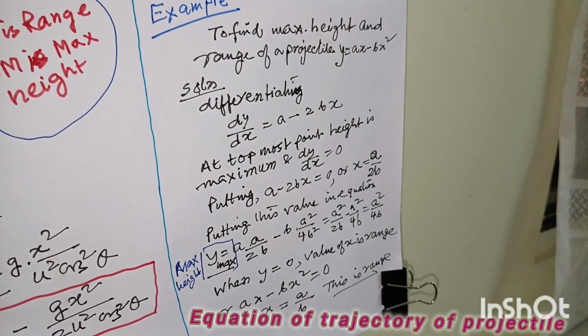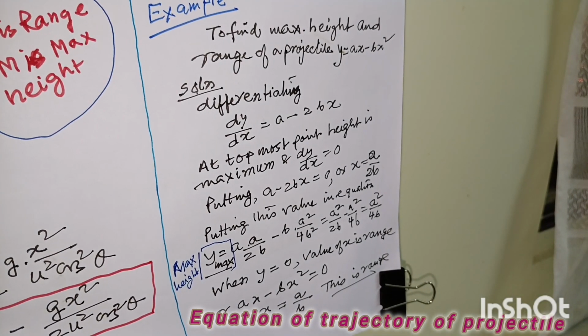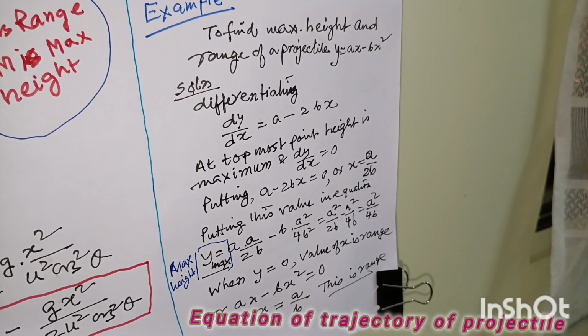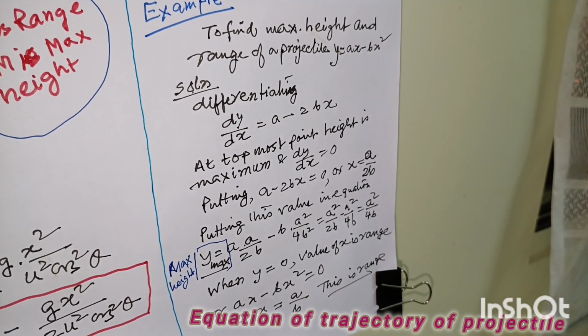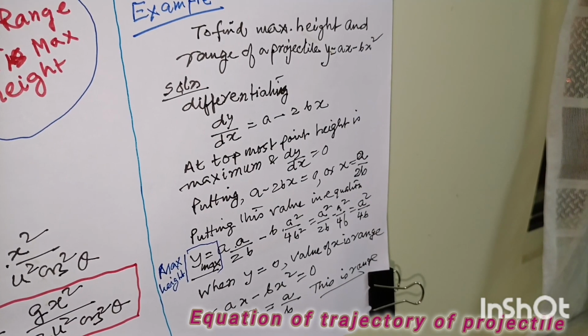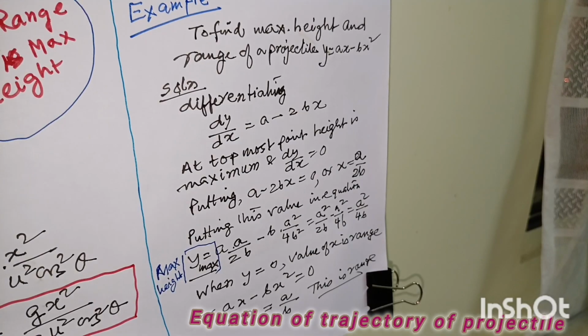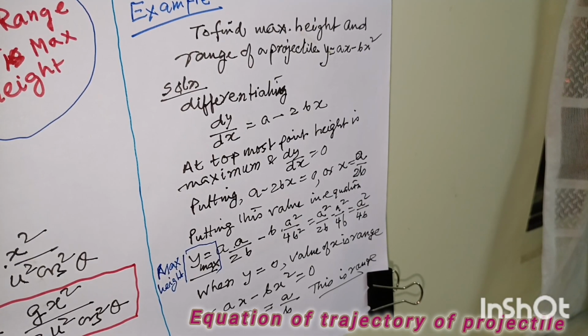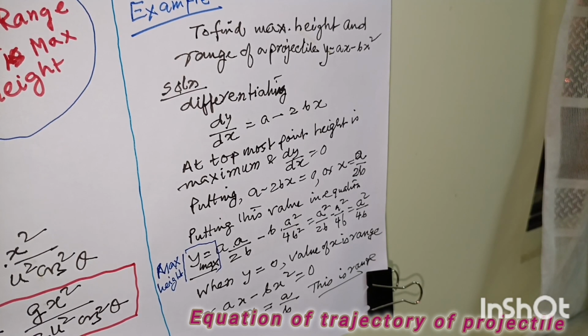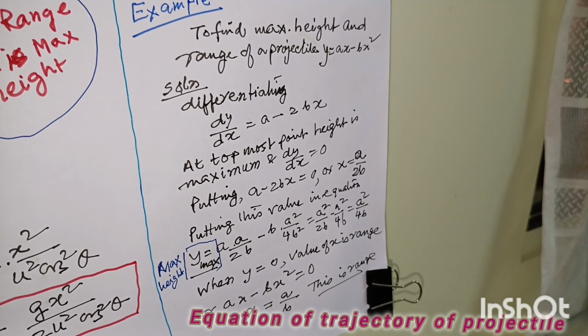Now to find range, as we have seen earlier, when y equal to 0, the displacement in y direction is 0, at the beginning and at the end. So at the end point, when it falls, the value of x displacement is the range. Now if we put y equal to 0, we get ax minus bx square equal to 0.